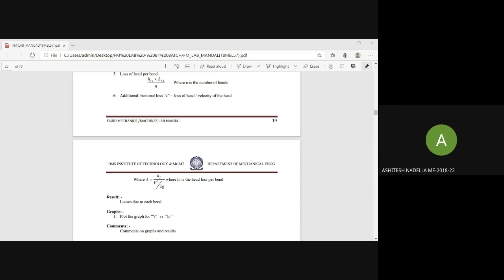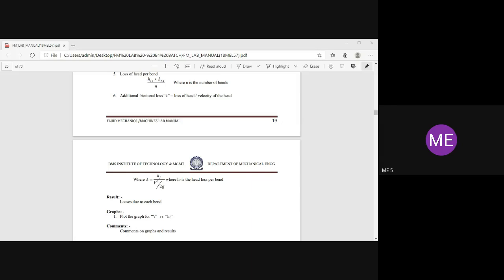No, HF1 is loss of head due to friction without bend. We are calculating in a straight pipe, you remember. And HF2 is the loss of head due to friction with the bend. That's why you're going to compare.